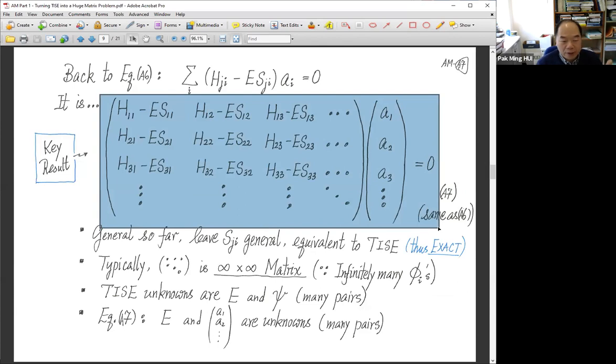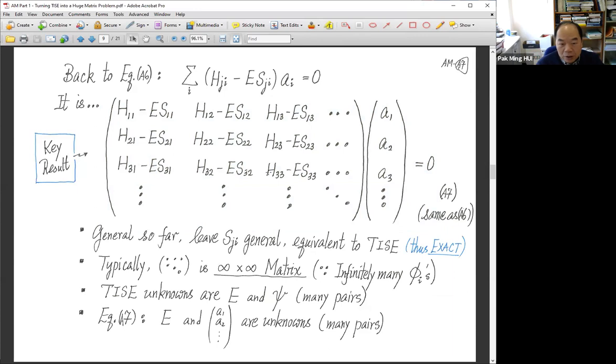Okay, the point is, starting from H psi equals E psi, pick a basis, then the next step is this big matrix. Okay, it's very easy to remember because all the matrix elements, that is to say, each entry of the matrix takes on the same form.